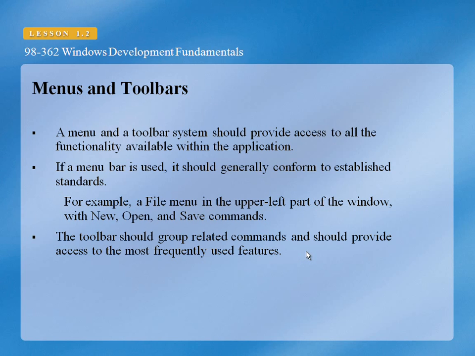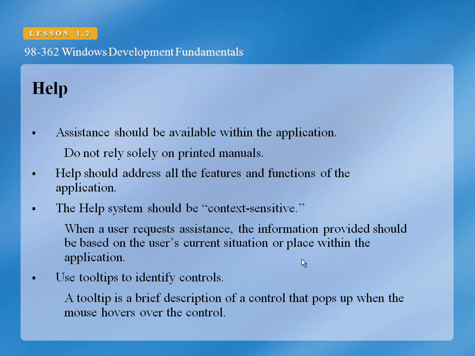Another part of a good GUI is providing help to the user. Help is a powerful feature of an application. It provides assistance to the user regarding how to use the application and how to apply its functions. In help, the functions of the application are properly described.